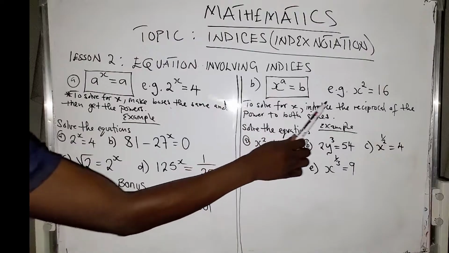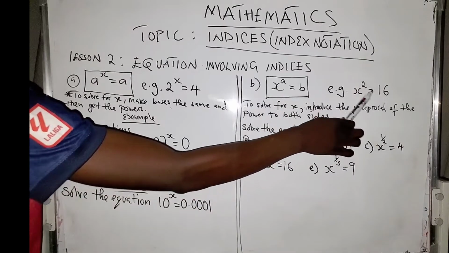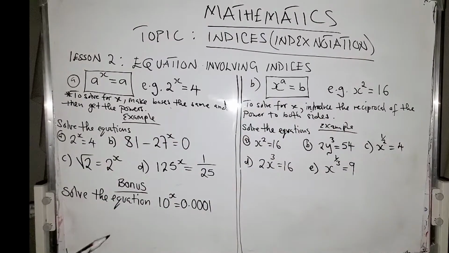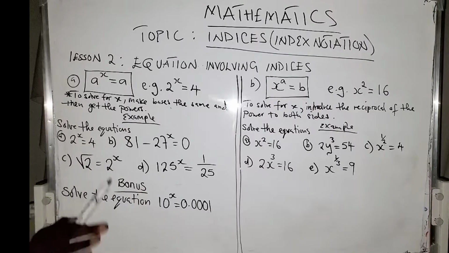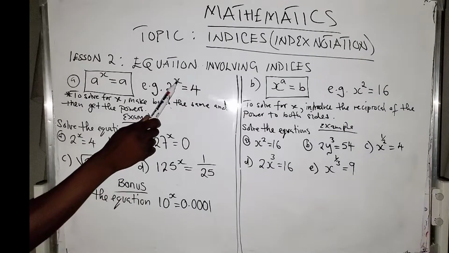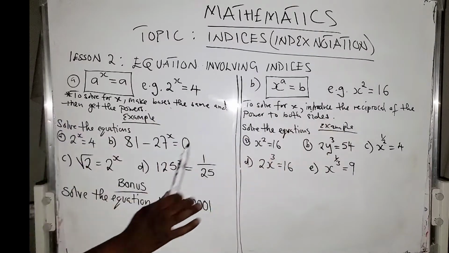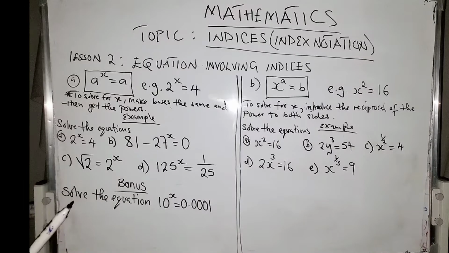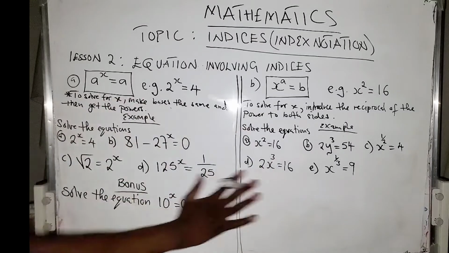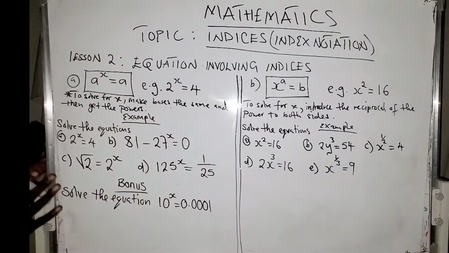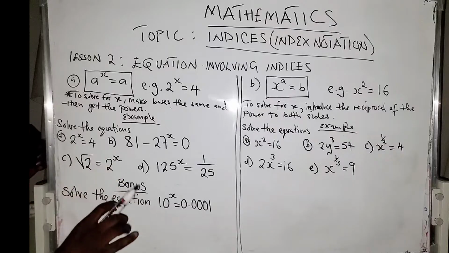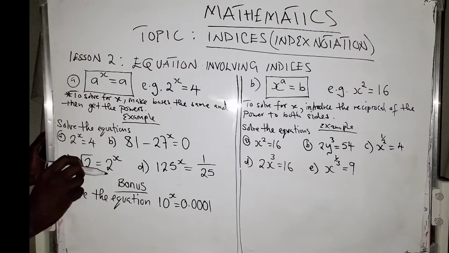Then here we can have x to the power 2 is equal to 16. So they are different. They're not the same. Check, here x is the power, here x is the base. These are very simple, as long as you understood what the laws of indices are.